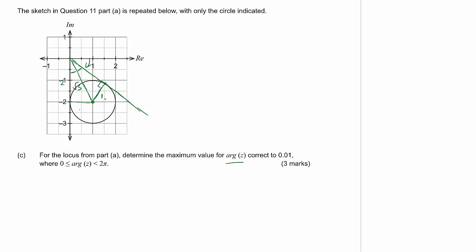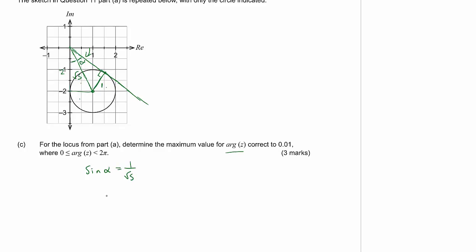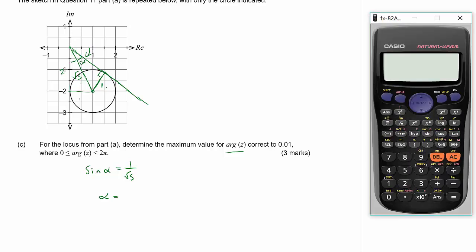Now we're right angled there, so this is the opposite, and this one here is the hypotenuse. So let's just call this alpha. Sine alpha would be equal to 1 over root 5, which gives us alpha.